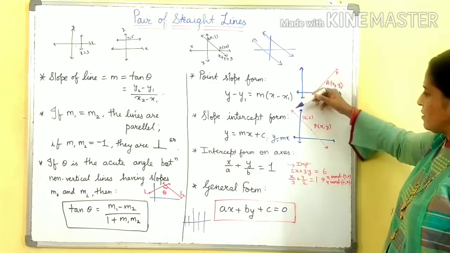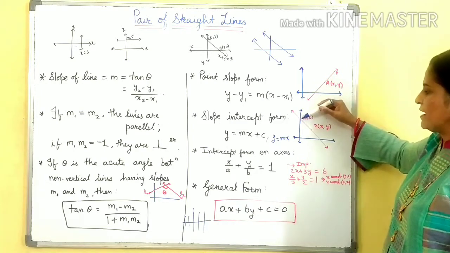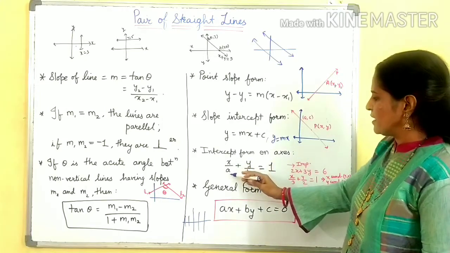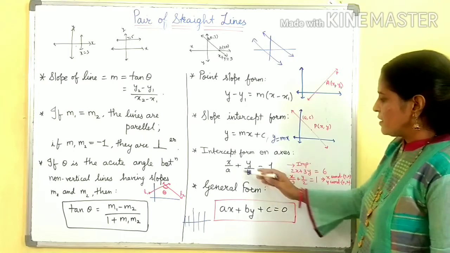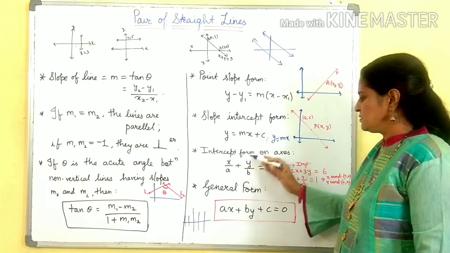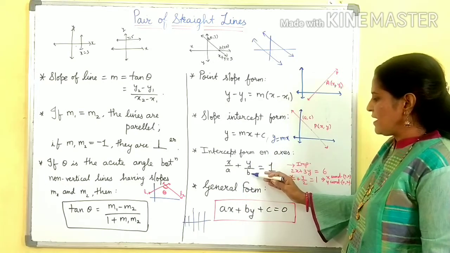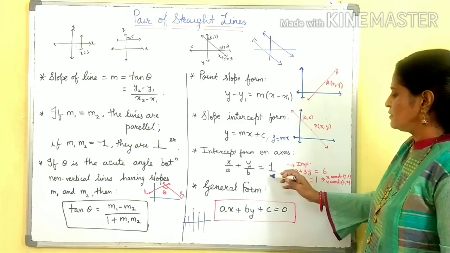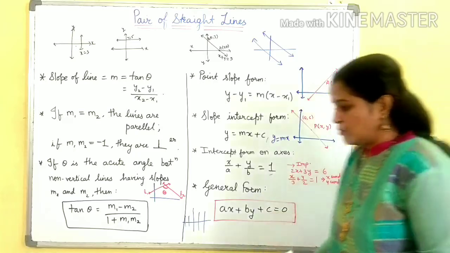Whenever we have drawn any line between the x axis and y axis, this formula is most important: x upon a plus y upon b is equal to 1. Here a is nothing but the coordinate on the x axis, b is the coordinate on the y axis, and the right hand side must be equal to 1. This is the most important formula.